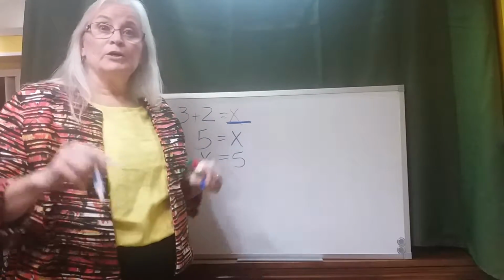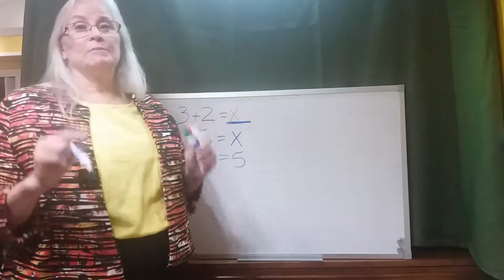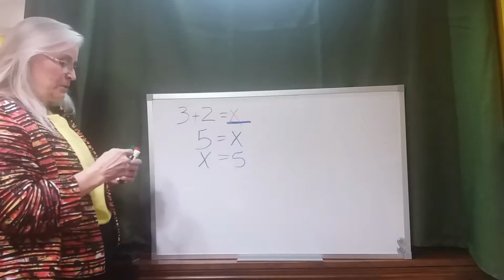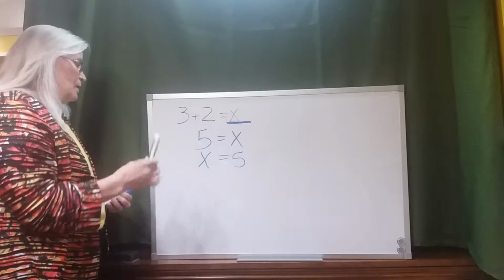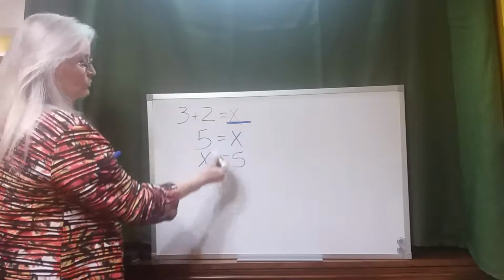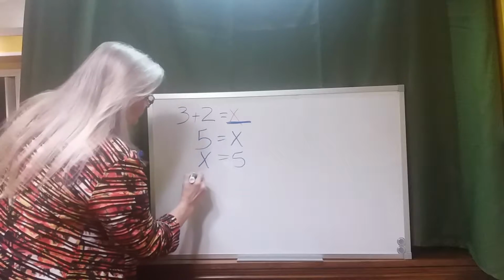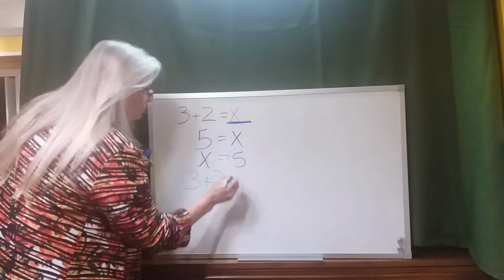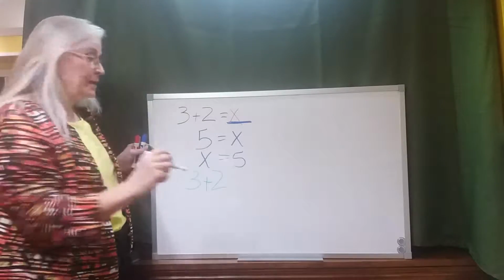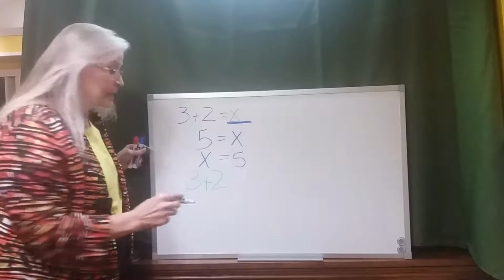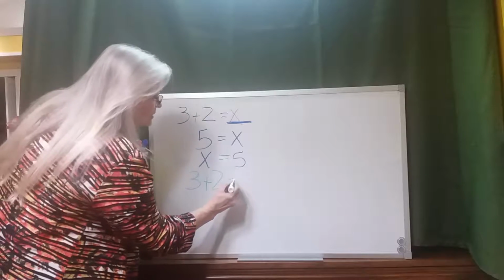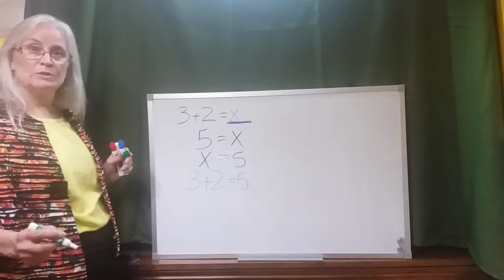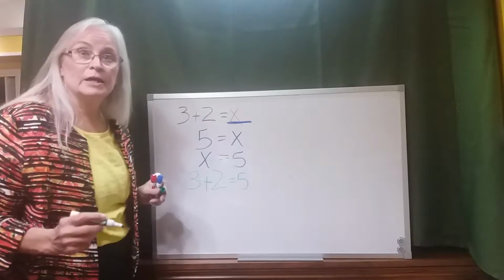But in algebra, you always must check your work. So now what we do is we take and rewrite our problem. We've got 3 plus 2, but we're not putting that X, because now we figured out what X is. We're going to take and say 5. 3 plus 2 equals 5. We're still not finished checking it.